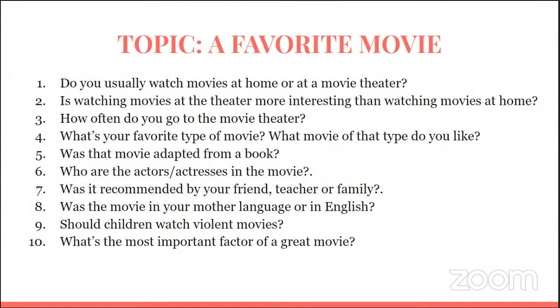And do you think that children should watch violent movies? Explain, please. Give reasons. Okay, I think the children shouldn't watch the violent movies because I think this, I don't know.